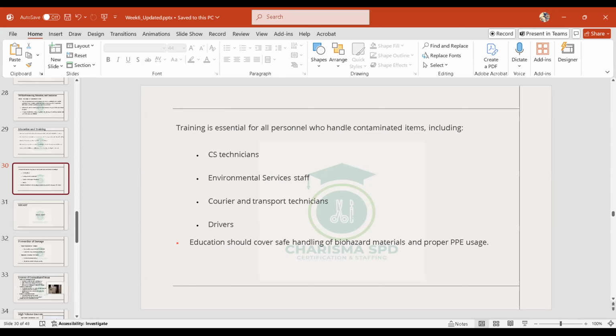Okay. So those people also need to be trained so that you don't speed with the cart excessively and then hit somebody in the process. Drivers need to also be trained so that when they are loading the cart into their van, they secure the cart so that the instruments are not moving to and fro in the van.